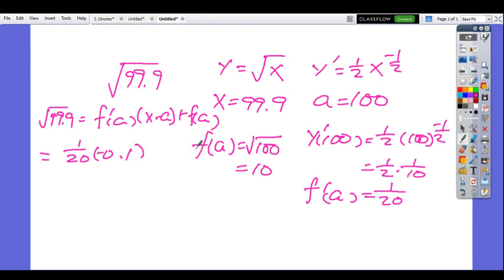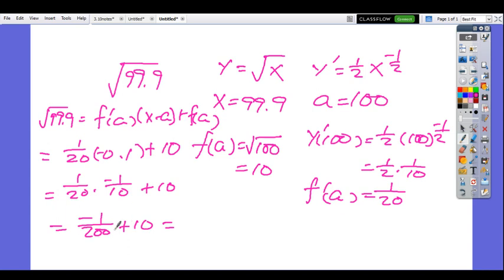And then plus f of a, what we got here, square root of 100, so that'll be 10. Okay, so 1 over 20 times negative 1 over 10 plus 10. So negative 1 over 200 plus 10.